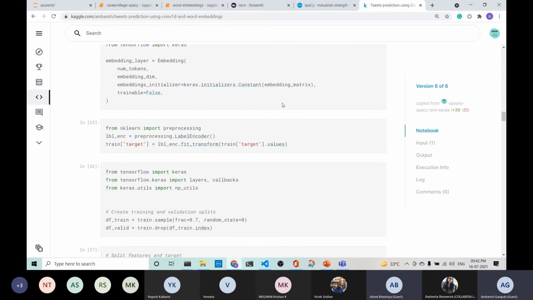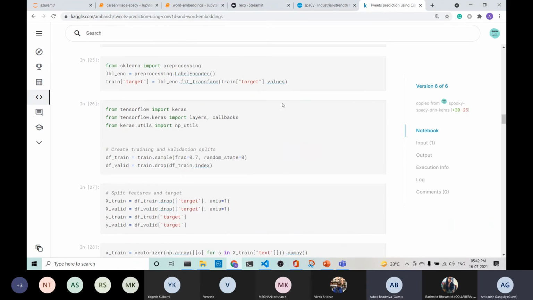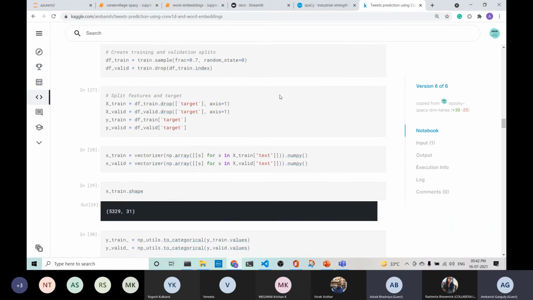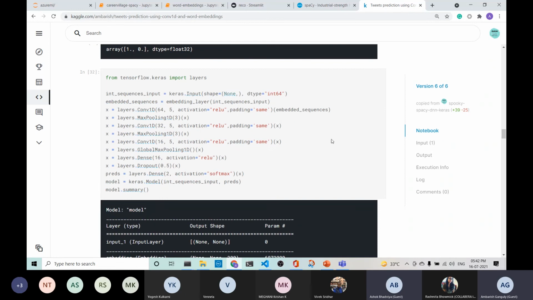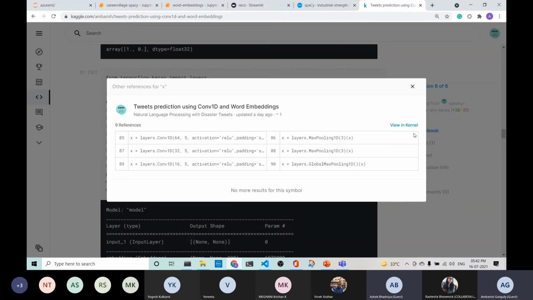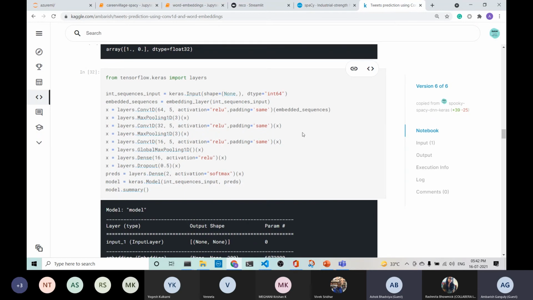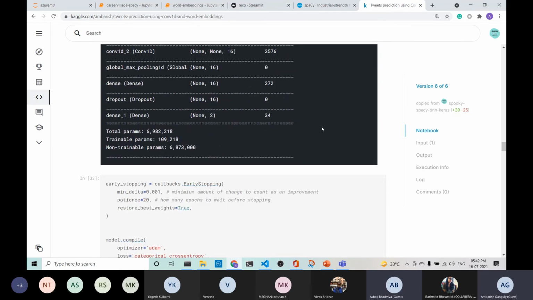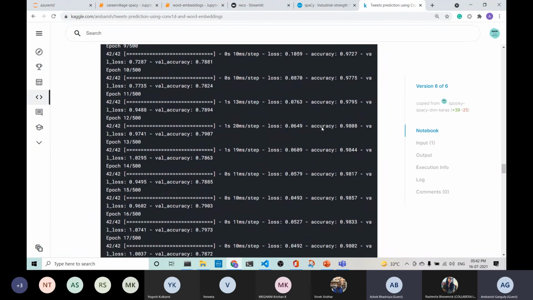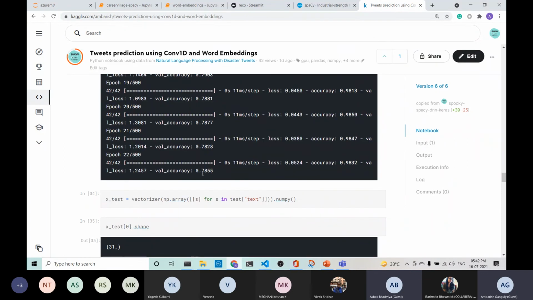Maybe this demands another class, but ultimately, once you get this embedding correct, I'm just using a neural network here to get whether the tweet is classified correctly or not. So it gives more or less a validation accuracy of 78.55.